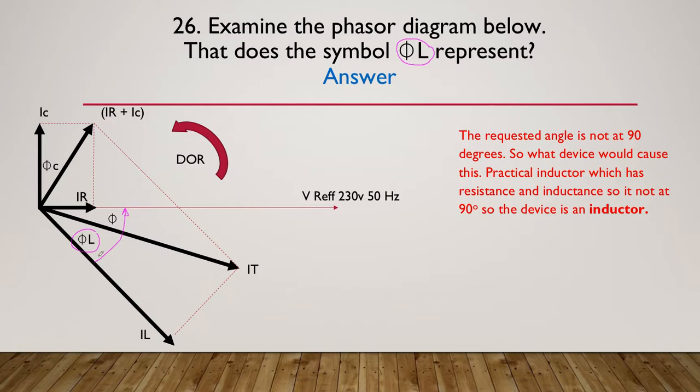That's the angle theta L. And the only thing that has that arrangement would be the inductor, because an inductor is made up of a resistor and an inductor in series. Hence, we didn't end up with a nice 90 degrees down here because of this resistive component in the inductor.